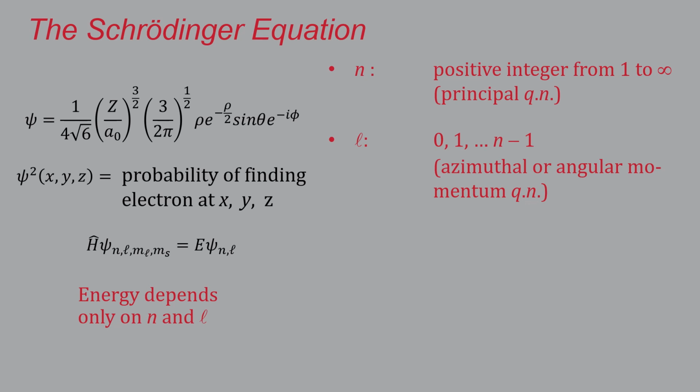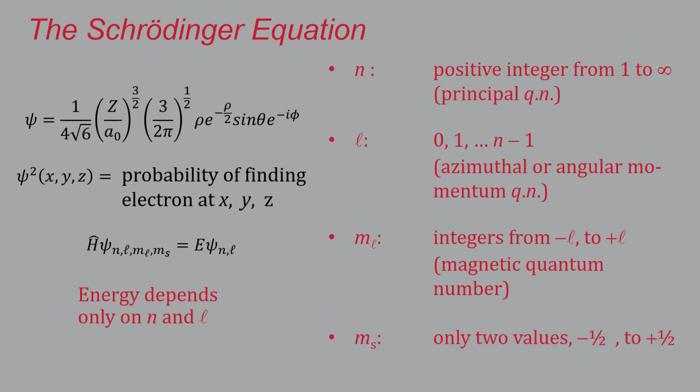And I think azimuthal is just a much better word to say, and I cannot wait to see what the captioning gives me for that. Next one, m sub L, like before, depends on L. The allowed values of m sub L are all of the integers between negative L and positive L, including 0. This is referred to as the magnetic quantum number.